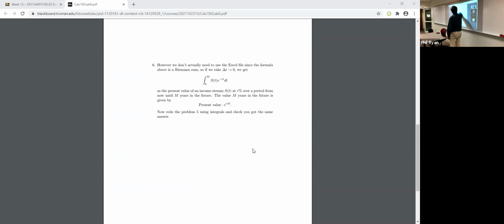We can take the antiderivative of this, evaluate it between 0 and 2 years, and we can actually find the present value. And then, of course, we can push the present value back 2 years into the future to see how much money we'd actually have.